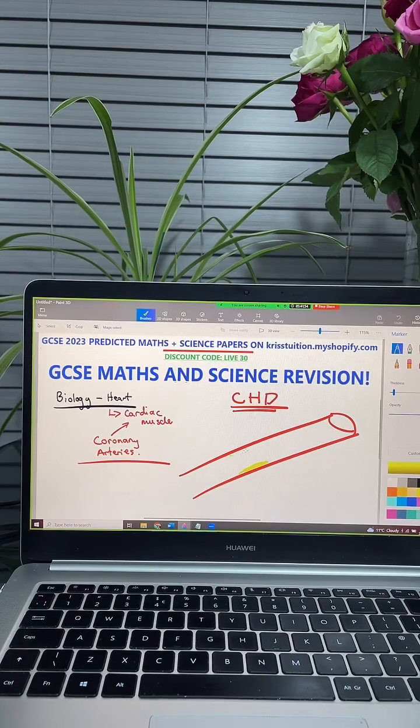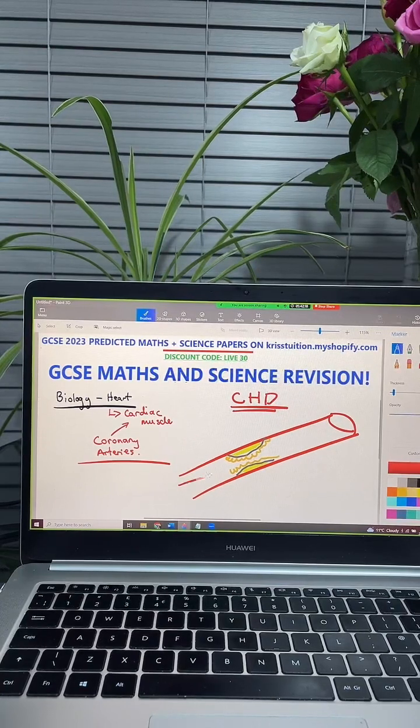It might start off quite minor, where you've got a little bit of fatty material and the blood's still able to go through quite easily. But over time, plaque can build up here. So this can start to harden. More fat, more cholesterol can start to build up on this. And over time, this coronary artery becomes blocked.